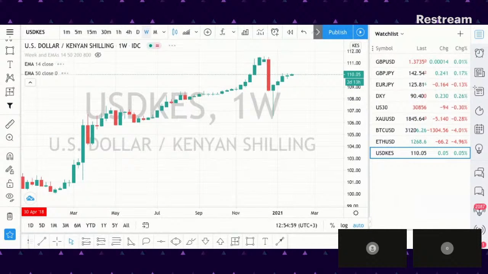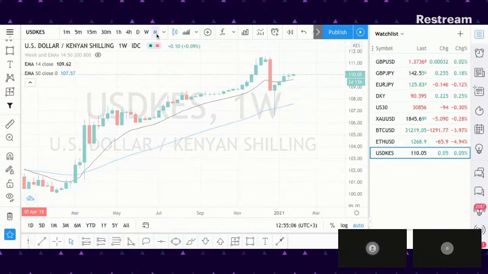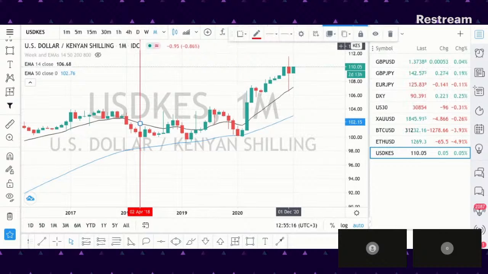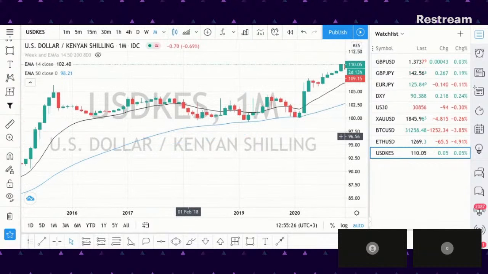The other time it was even at 100, and there was even a time it was at around 90 something. At that time I think I was doing some analysis. The time the dollar was at 99, that is 2015.